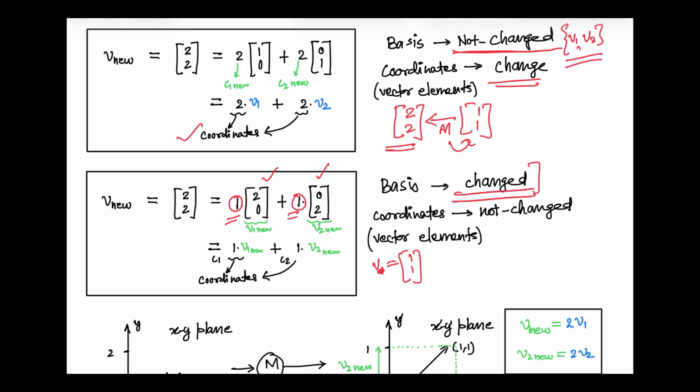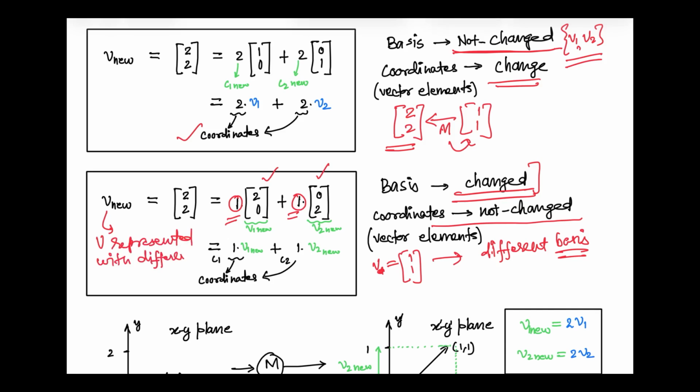The vector coordinates remain the same, still 1 1, but are now represented with a different basis. So v new is actually v represented with different bases, and this different basis is obtained by the matrix transformation acting on the previous basis v1 and v2. These are the two ways, and the second way is the proper way to look at this.